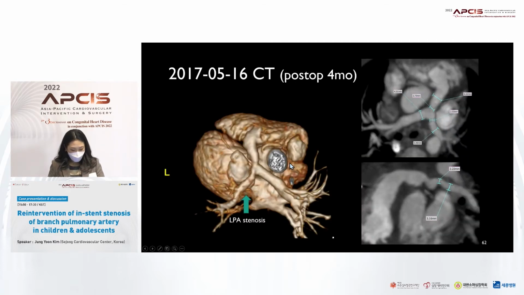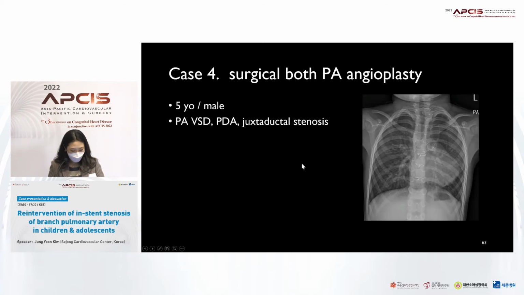This is the post-op 4 months follow-up CT. It revealed increased diameter of the MPA and both PAs, but still noted significant stenosis of the distal MPA and branching LPA ostium. Case 4 is also a 5-year-old male patient diagnosed with the same disease, PAVSD.